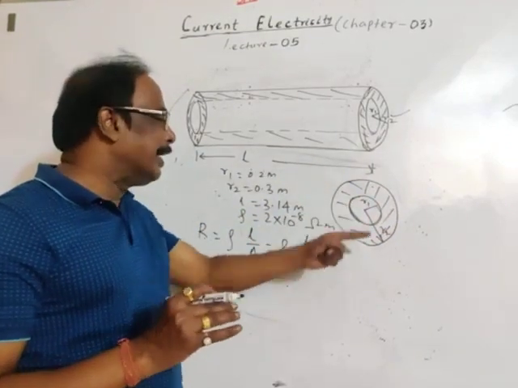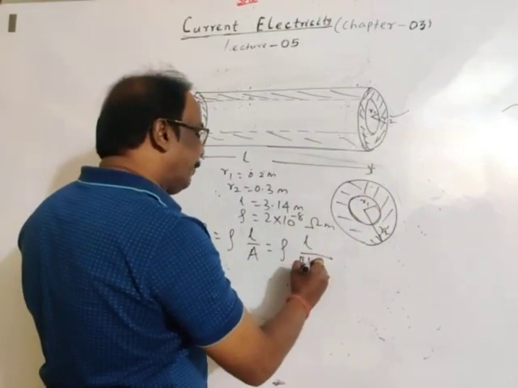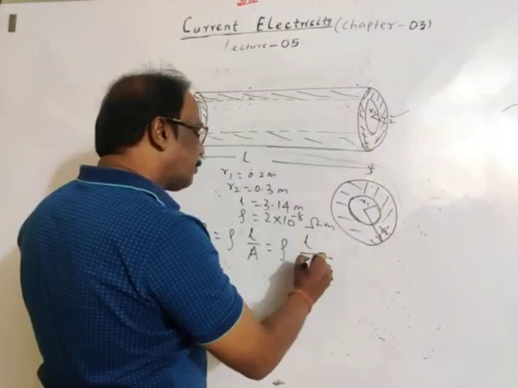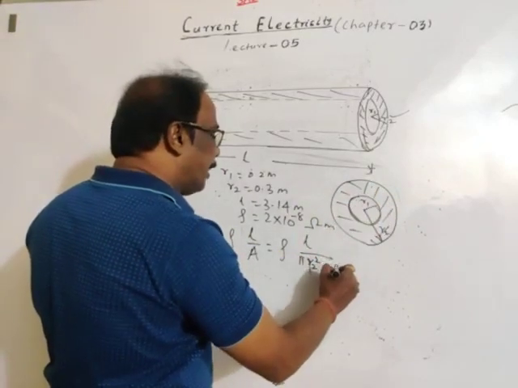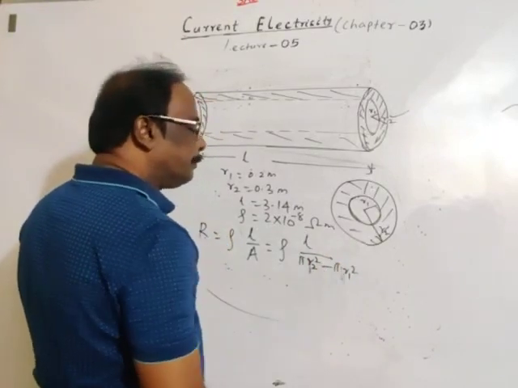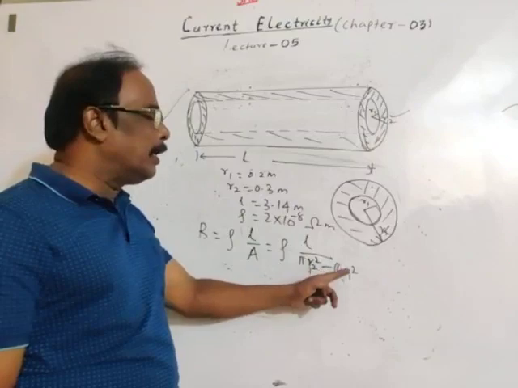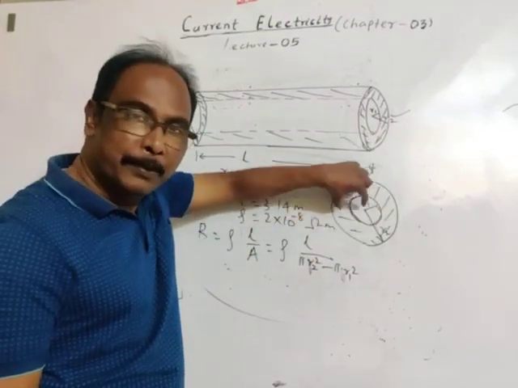Cross-sectional area of the solid part. See, outer area is pi R2 square. Inner area is pi R1 square. If you subtract pi R2 square minus pi R1 square, we will get the area of this solid portion.